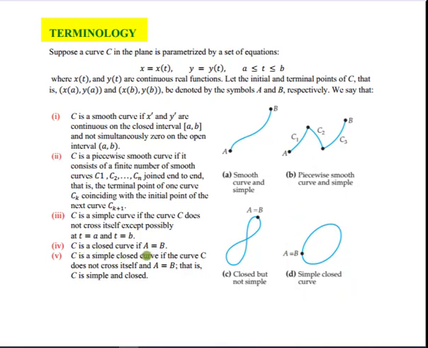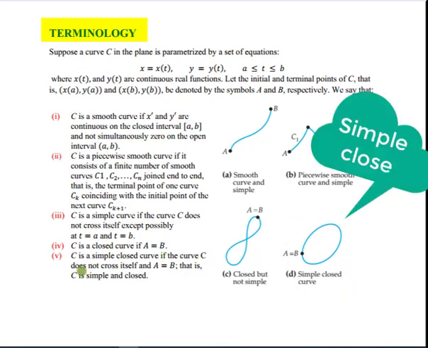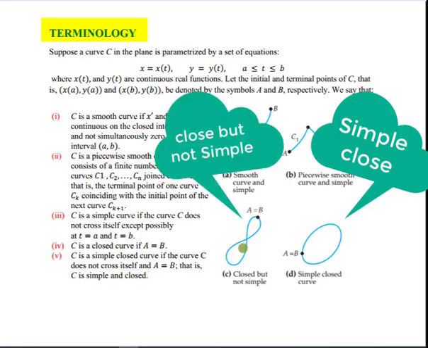C is a simple closed curve if the curve C does not cross itself and A equals B, that is, C is simple and closed. You can see in Figure C that the curve is closed but not simple because it crosses itself.